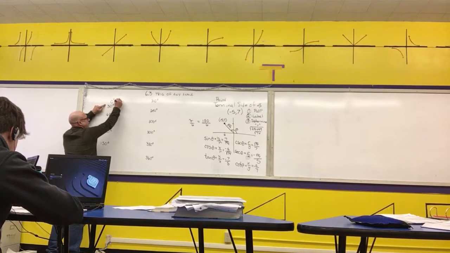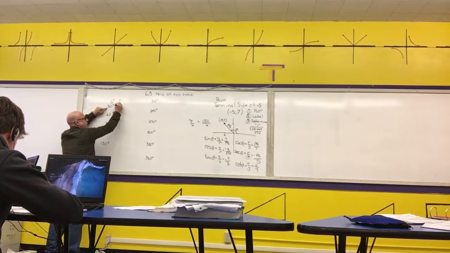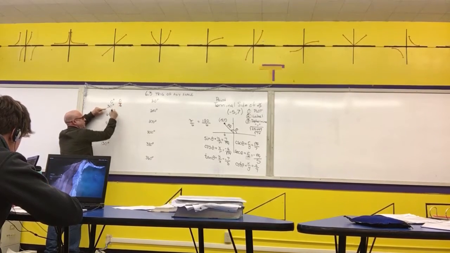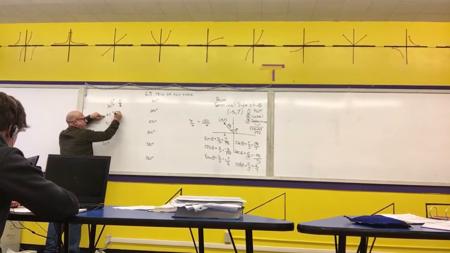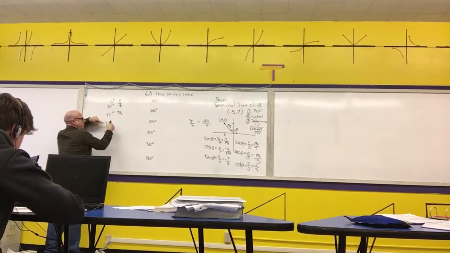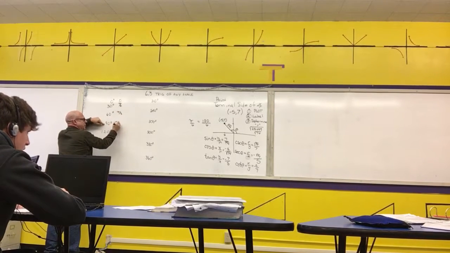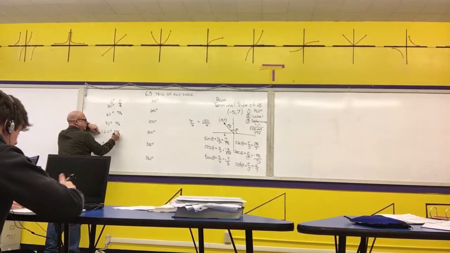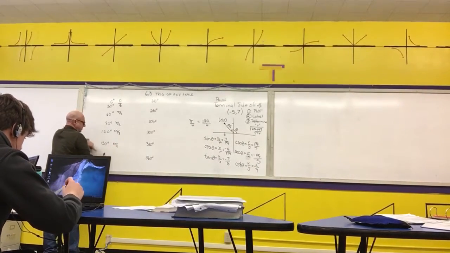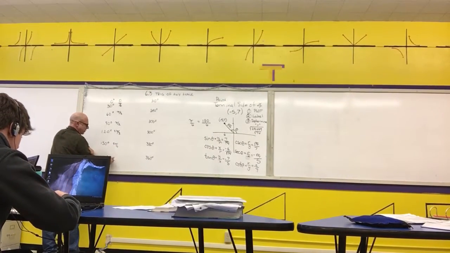So radians, here I've got 0. This one would be 1 pi sixth. 2 pi sixths is pi thirds. 3 pi sixths is pi halves. 4 pi sixths is 2 pi thirds. 5 pi sixths. 6 pi sixths is 1 pi.